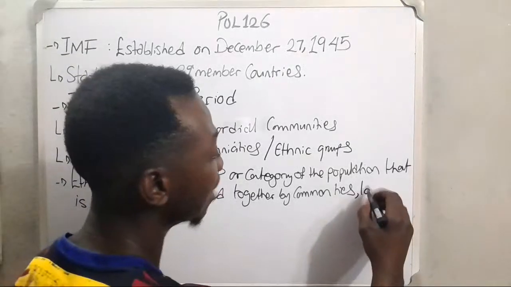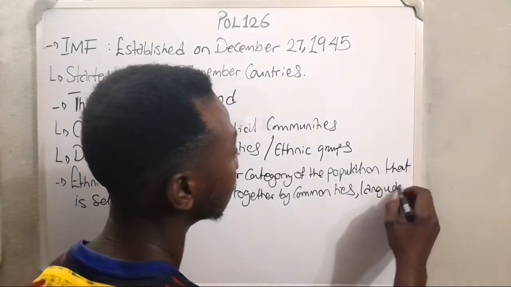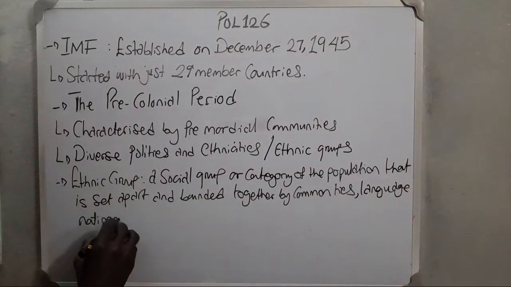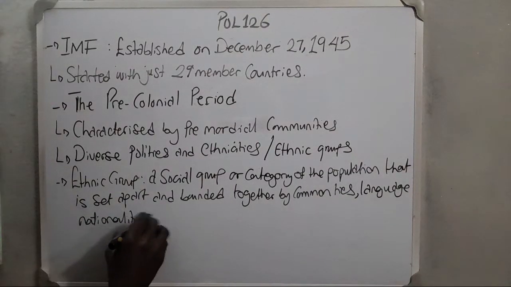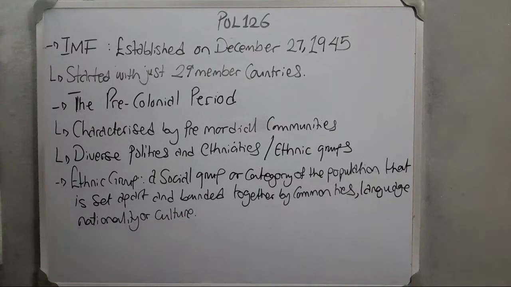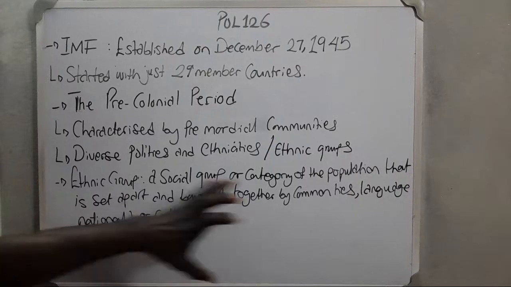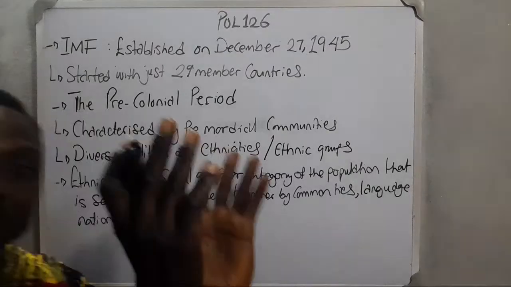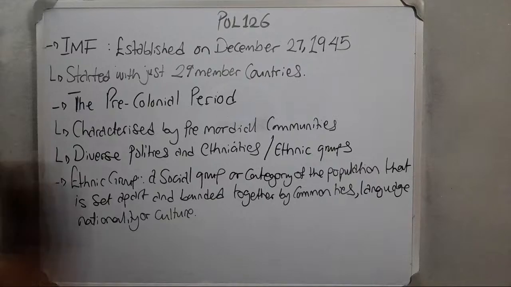An ethnic group could be a social group or a category of the population, and this set of people are set apart.